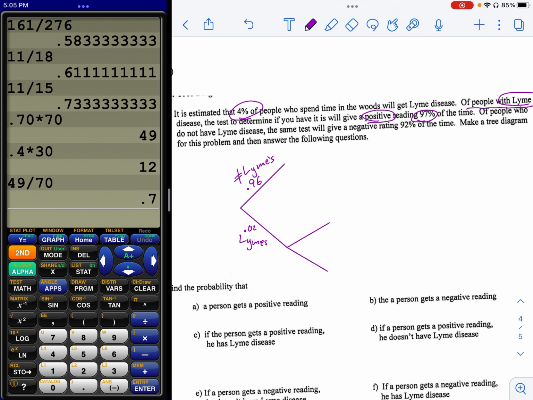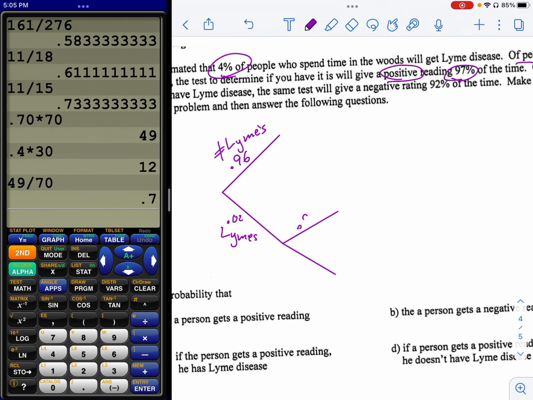So we'll say 0.97. We'll put a plus for positive. Well, then again, if this is 97%, this is the remainder from 100. So this would be 3% of the time you get a negative reading.